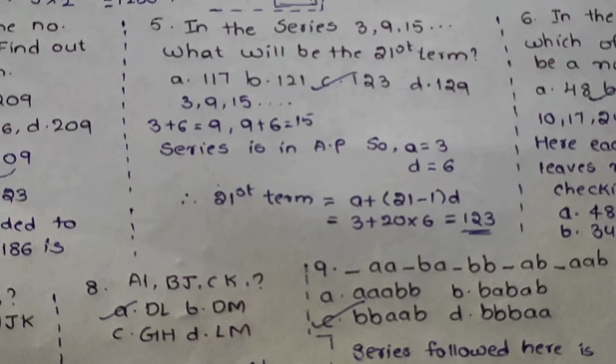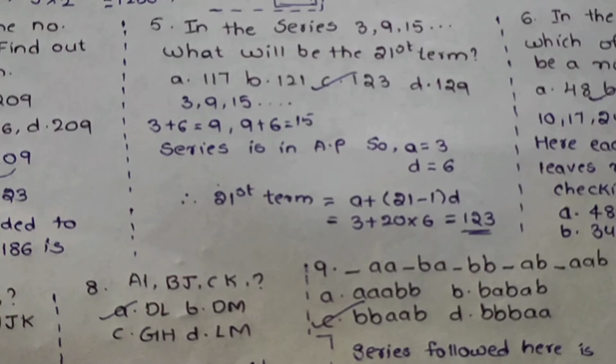And for 9 if you add 6 you get 15. So here the common difference is nothing but 6. So the series is in AP. So here the first term A is 3 and the common difference is 6. So now we have to find out the 21st term. For finding any term, we use the formula a plus n minus 1 into d, and here n is nothing but 21.